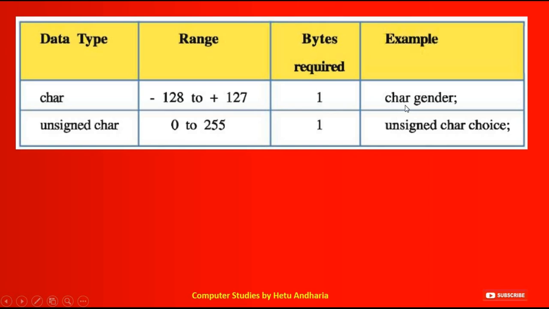Example is given here. Character gender, either the person will enter M or F. Fine. Now if you declare unsigned character, then it will store the values from 0 to 255, and here again the bytes required will be the same, 1.